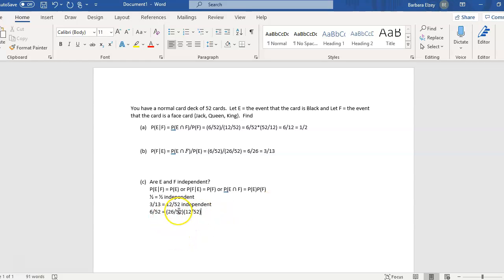And this may be one where we want to do it with decimals, just so that we don't have to reduce that horrible fraction, or we can reduce them first and see if it's not as bad.